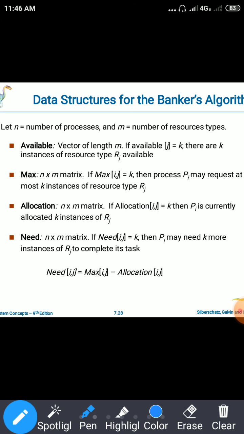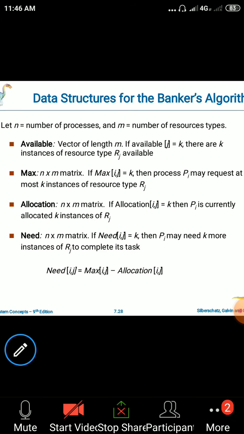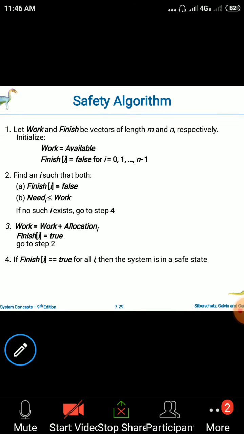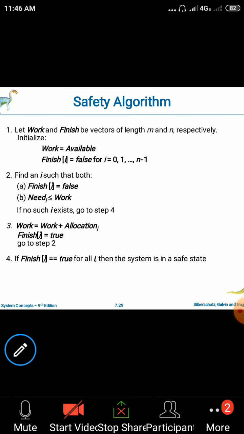Next we are going to see the safety algorithm and also the resource request algorithm. The first one is the safety algorithm. Banker's algorithm consists of these 2 algorithms: the safety algorithm and the resource request algorithm.